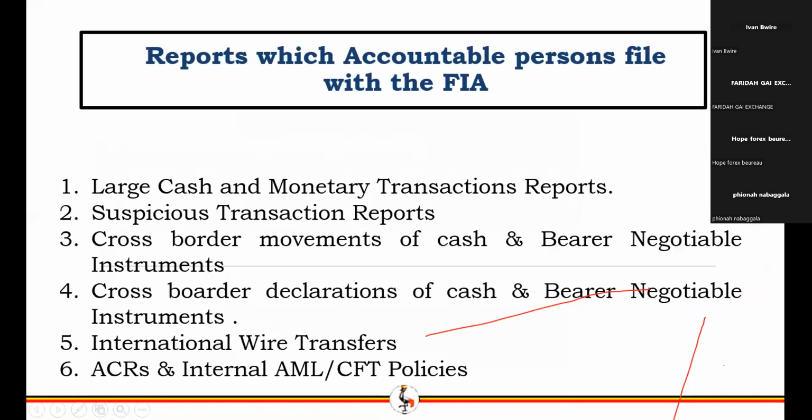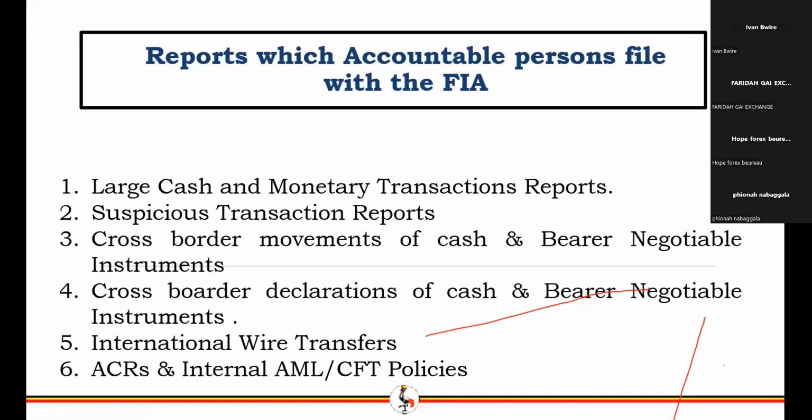So there are reports that you are supposed to submit to FIA, and this is what we call your reporting obligations or reporting requirements. One of them is the large cash and monetary transaction reports, the suspicious transaction reports. The cross-border movement of cash reports and bearer negotiable instruments are reported by URA. When someone is trying to cross the border, that declaration of cash, the forms that they fill in, these reports are reported by URA.